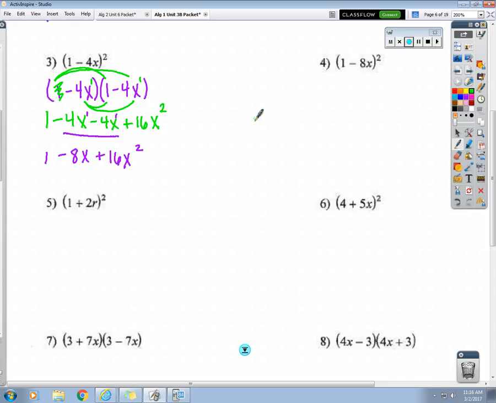Okay? However, you're always going to be expected to write the answers in standard form, which means the terms have to decrease from your highest exponent to your lowest exponent. See how that 16x squared, that's the highest exponent, the largest, and then the negative 8x is the next largest exponent because it's a 1, and then this positive 1 doesn't have an exponent, so it goes last.